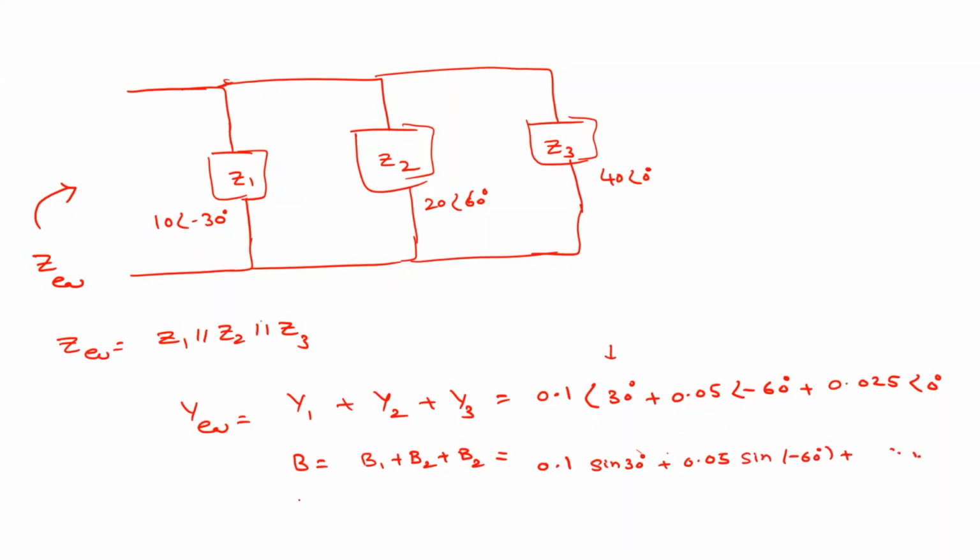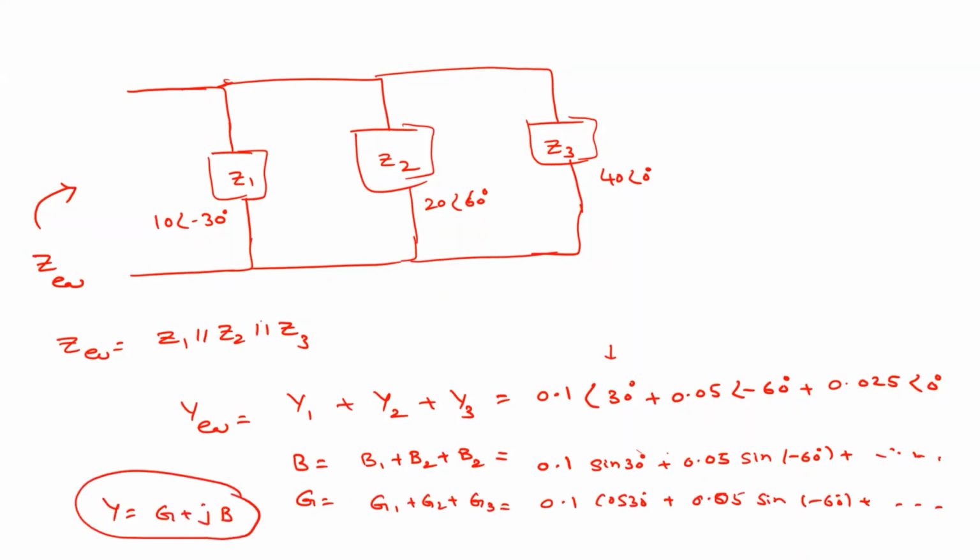Similarly, G is G1 plus G2 plus G3, that is the cos terms: 0.1 into cos 30 degrees plus 0.05 cos minus 60 degrees and the third term. So we have Y equal to G plus jB, which you can calculate, or straight away add in polar form.